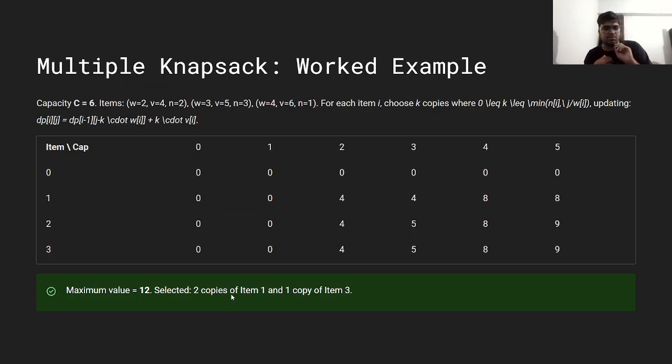Now, let's change the problem a bit. Multiple knapsack: along with the weight and the value, we have a number of copies of the same item. Therefore, for each item i, we choose k copies. Here we pick two copies of item 1 and one copy of item 3 for the optimal solution.